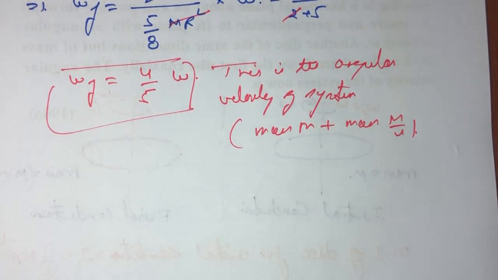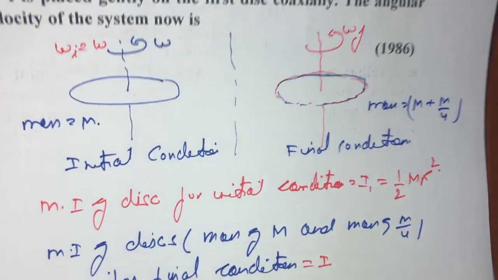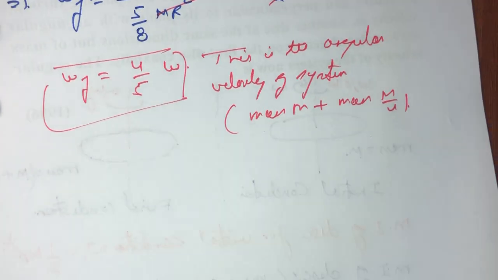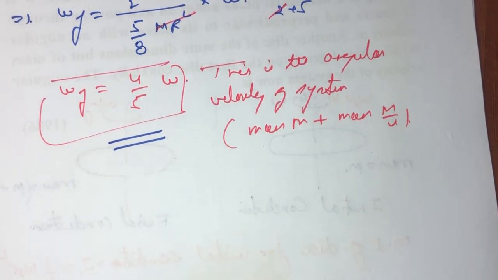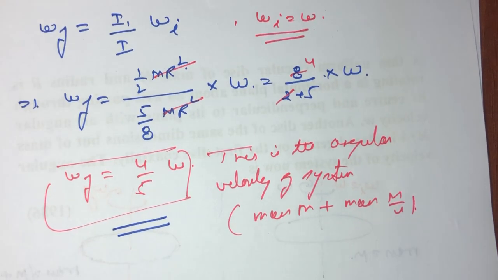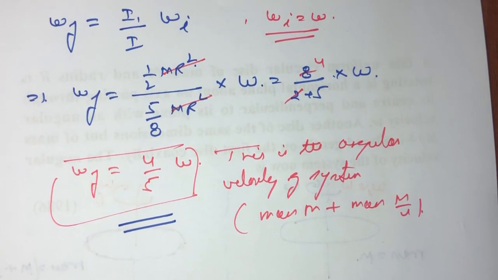So therefore we get omega final as 4 by 5 omega. So this is our final answer. So this completes the question. Thank you.